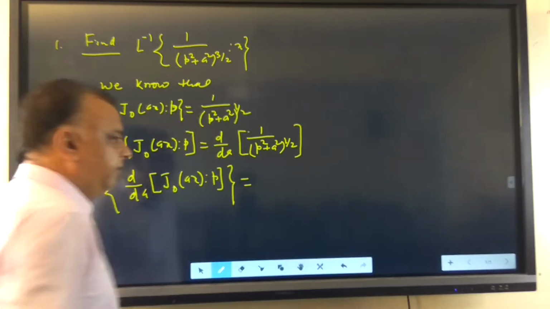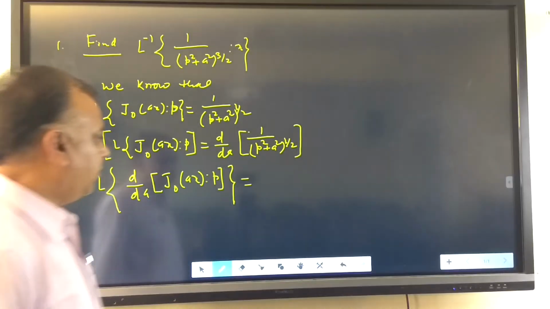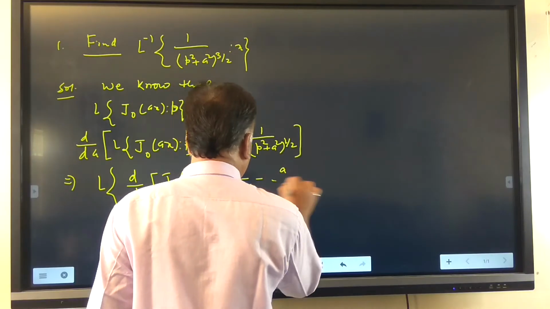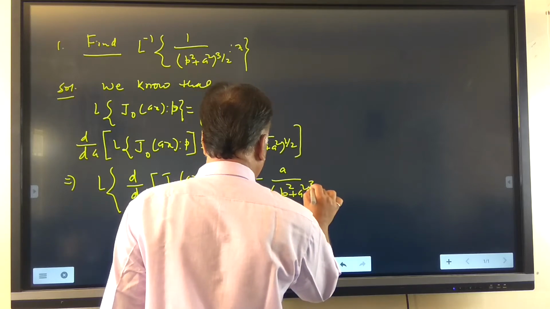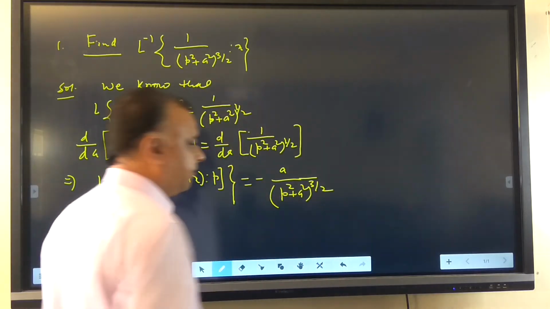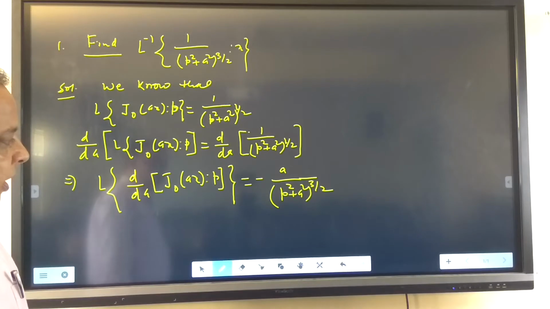And the right hand side, when differentiated with respect to a, gives minus a upon (p square plus a square) whole raised to 3 by 2. After differentiation with respect to a, we get this result.